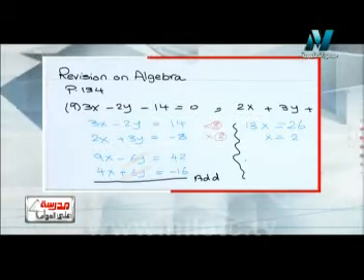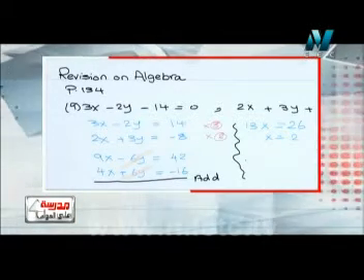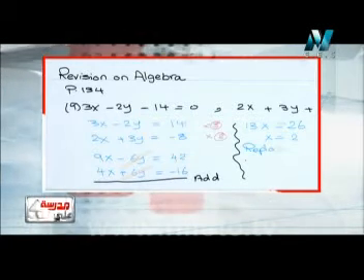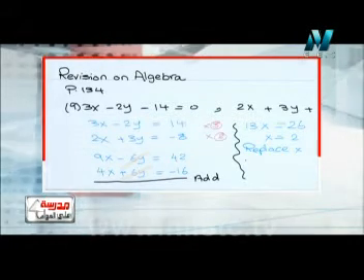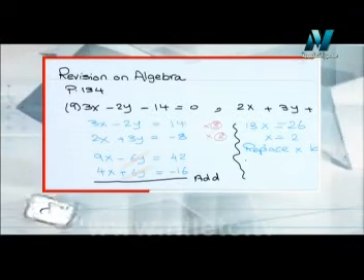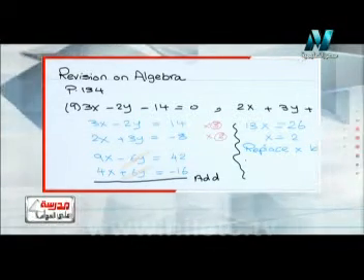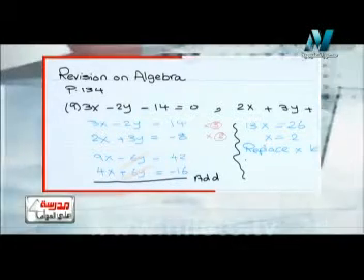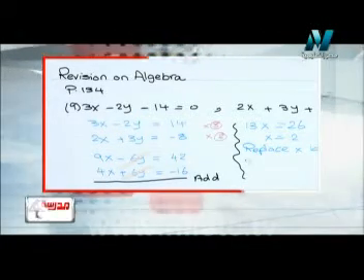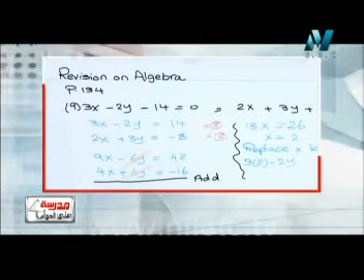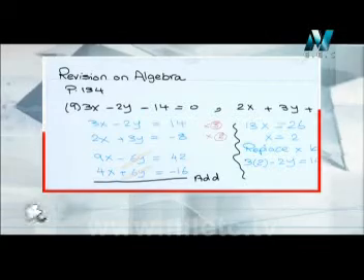I got x, I have to get y. To get y, replace الكلمة السحرية بتاعتنا replace x by 2 in the first equation. طيب in the first equation I'm going to replace x هنا by 2 so to find y, so 3 times 2 minus 2y equals 14.